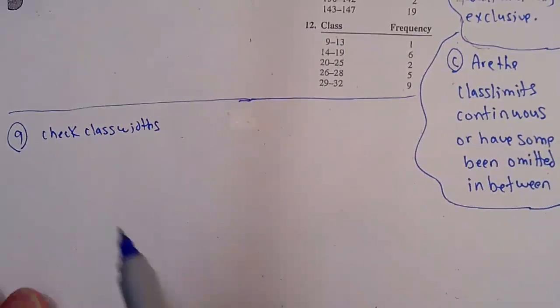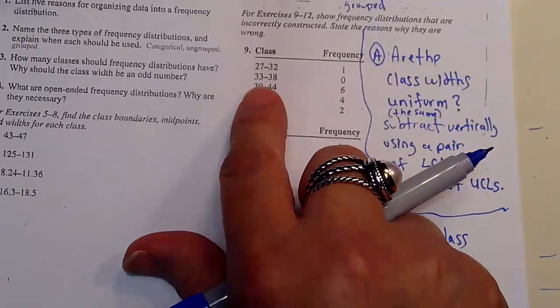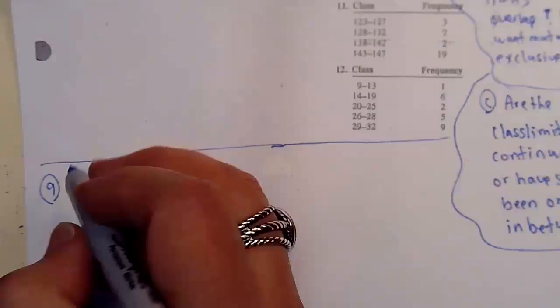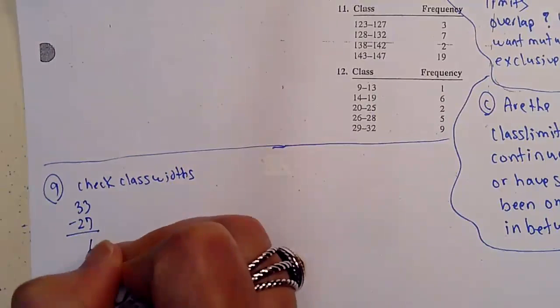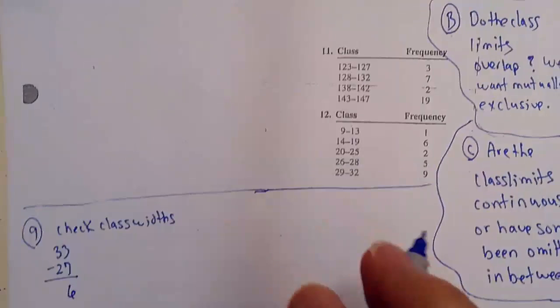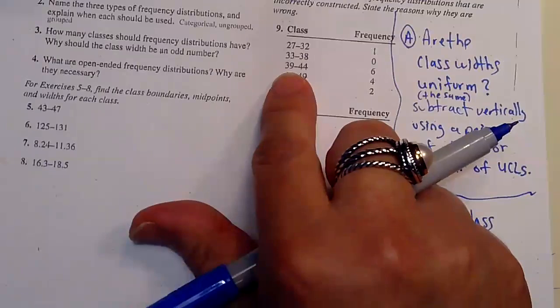I'm going to start with 33 take away 27, and 33 take away 27 is 6. Okay, and then I'm going to do 39 take away 33.